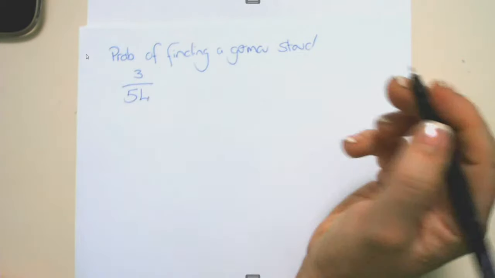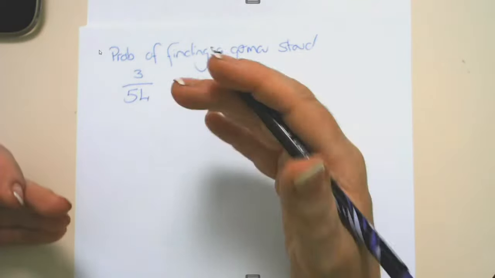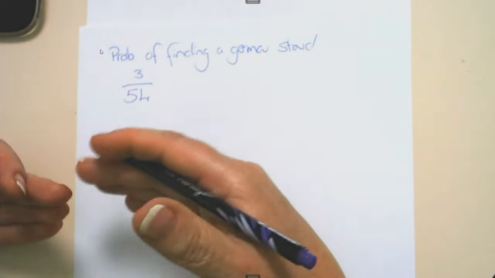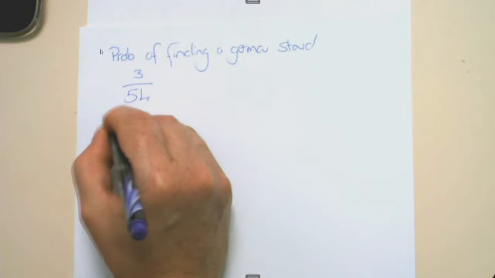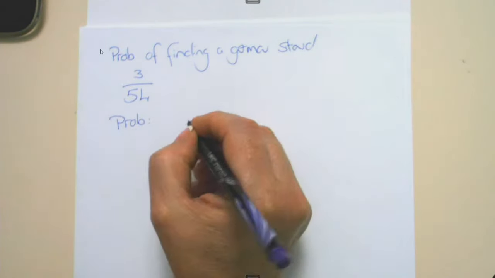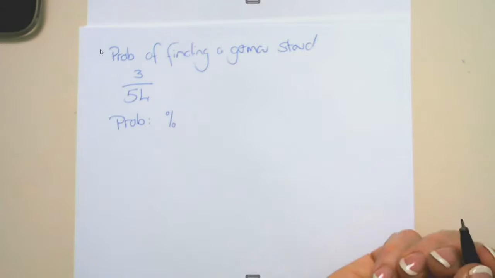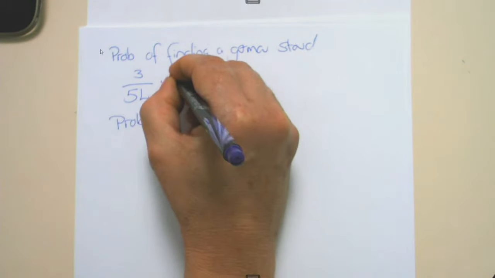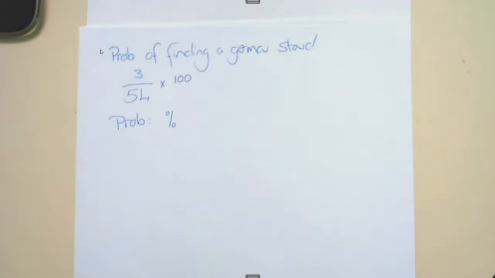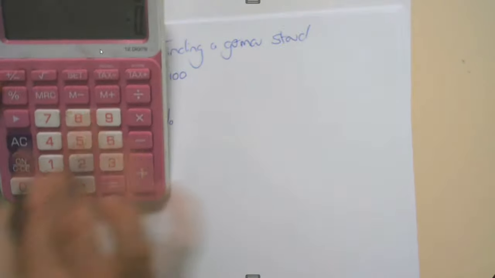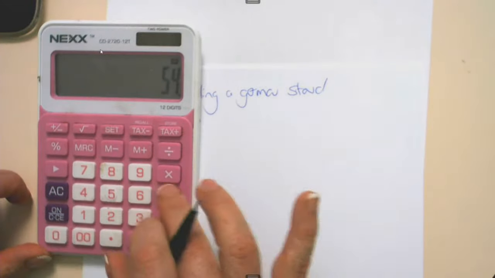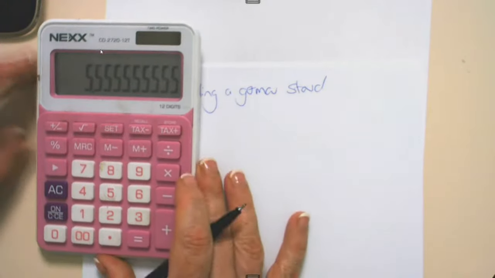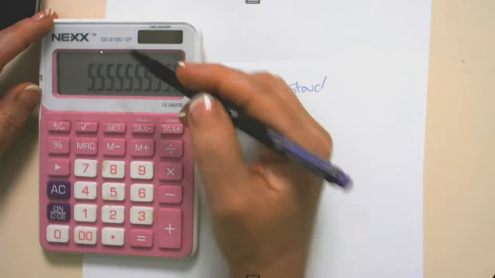Now you must look. Many times on your paper you will find a specific way in which they want the answer. In the case of probability, they can say, give your answer as a percentage. If they say give it as a percentage, you are simply going to multiply it by 100. So as a percentage, you will say 3 over 54 multiply 100 on the calculator, and it will give you 5,55%.